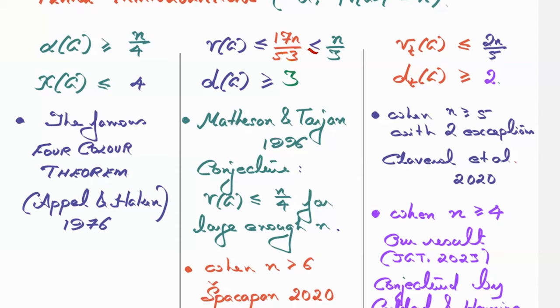In the context of total dominating sets, it's known that any plane triangulation has a total dominating set of size at most 2n by 5, with a couple of exceptions. This is a result from 2020 by Claverol, and there was a conjecture when we started working.